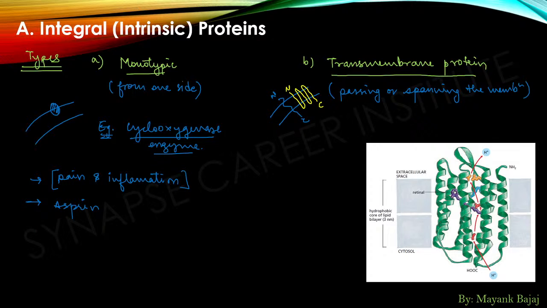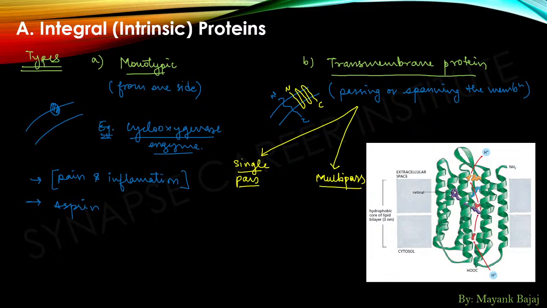So on the basis of how the transmembrane segments are organized in the membrane, transmembrane proteins are further classified into single pass and multi pass. Single pass protein and multi pass protein.